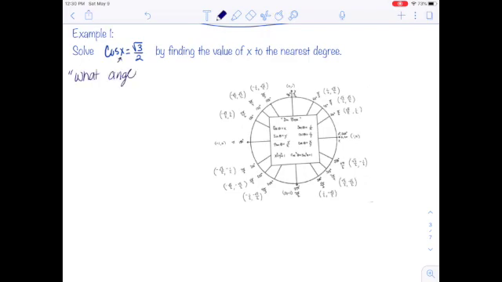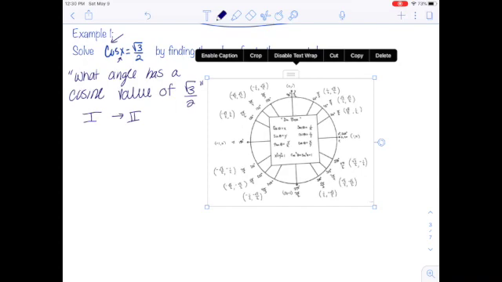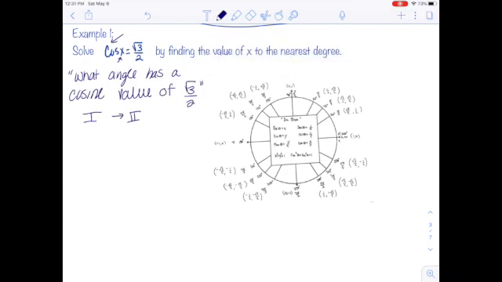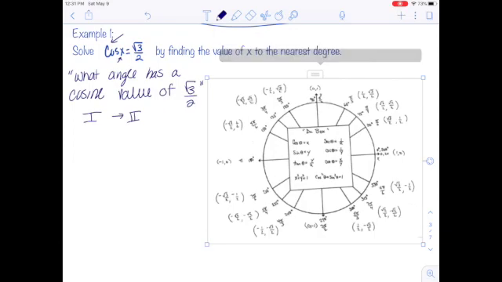What angle x has a cosine value of square root of 3 over 2? That's really what we're looking for. But it's got a capital letter, so we're going to restrict our answer to the angle that is in the, which quadrant? For cosine, first quadrant up until the second quadrant. All right, and that's because you have a capital letter.